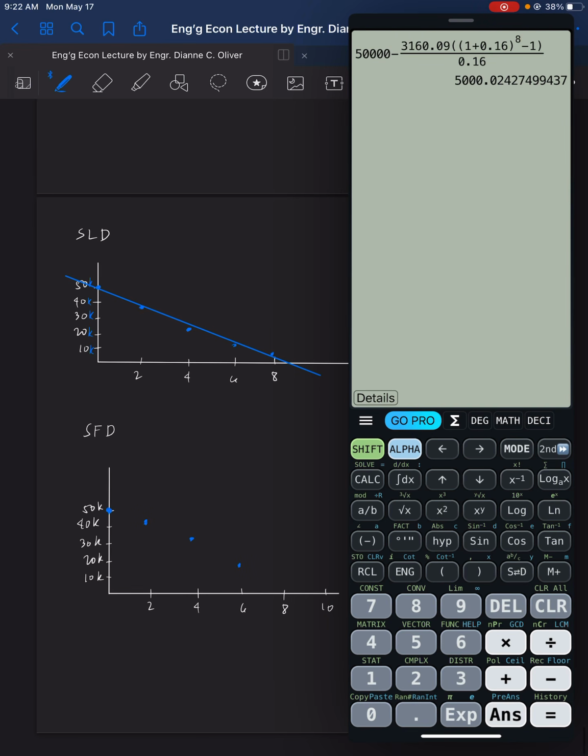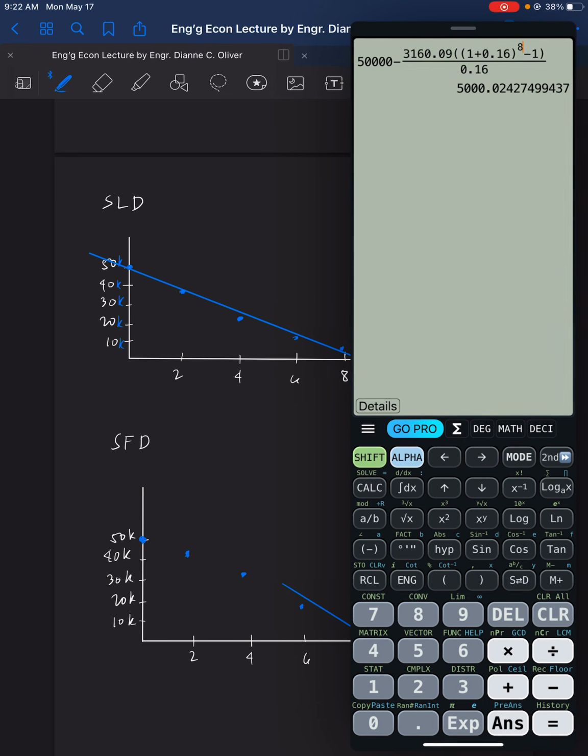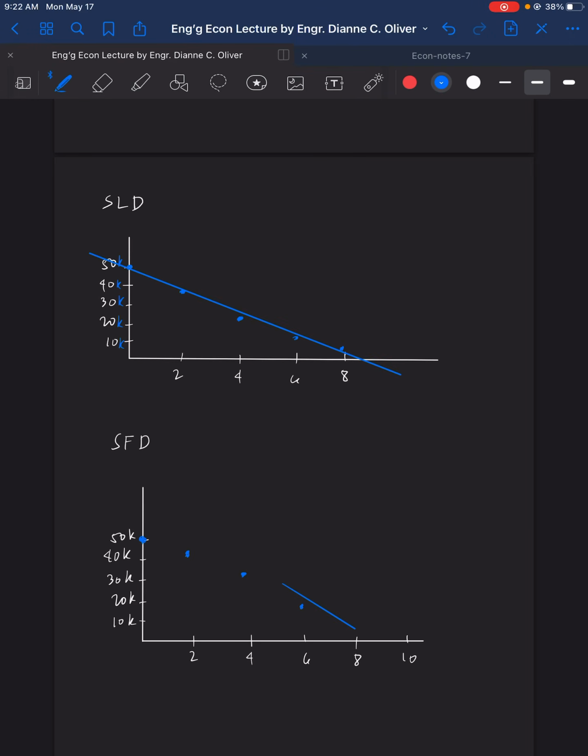Oops. Okay, here at the 5,000 pesos. So the graph that we formed here is a curved line, opening downward.